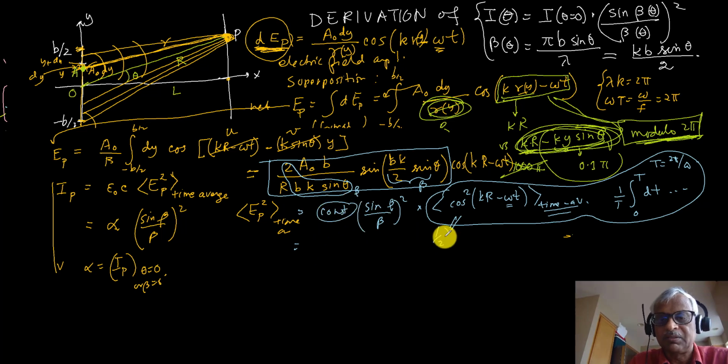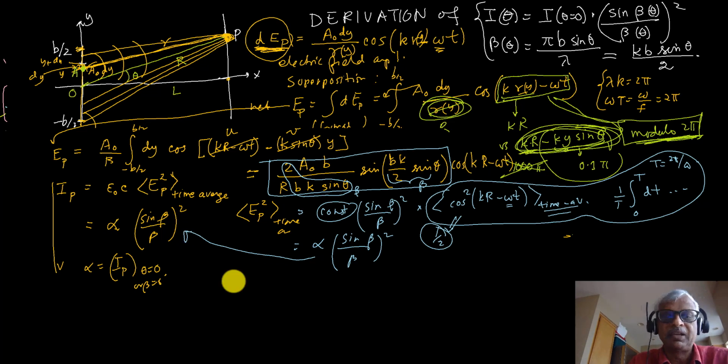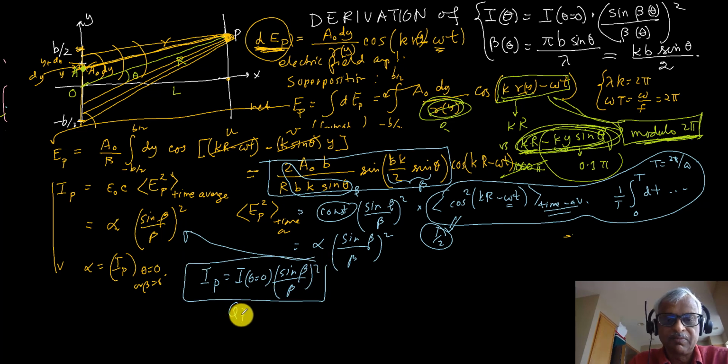We're just going to call this alpha, and I'm going to get sine beta over beta square. And so now I at P is I at theta equal to 0 times sine beta over beta square. Some of these steps you have to work out, and I didn't do it. It's good practice for you. I hope it was clear how to proceed.